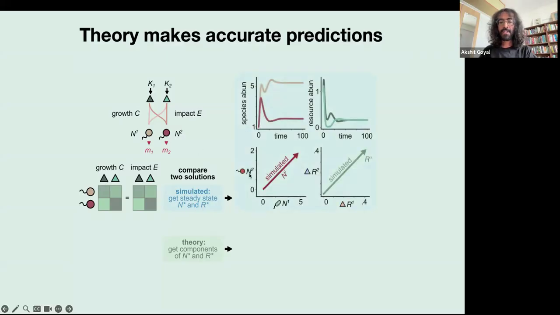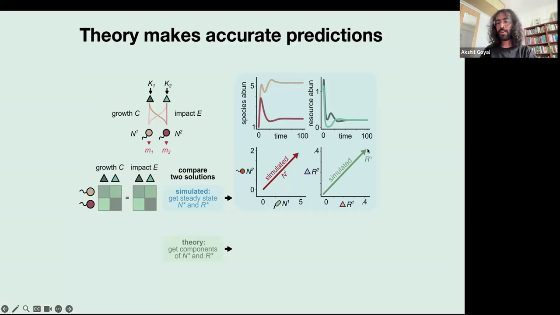So just to orient ourselves, when you simulate, you see that the species over time and the resources over time change, they have some transient, and eventually enter some sort of steady state where both species survive, both resources survive. And I can represent that geometrically in this space of N1 and N2. This point over here is the N star, the steady state species abundance vector.